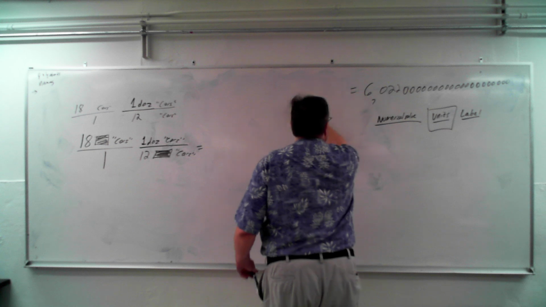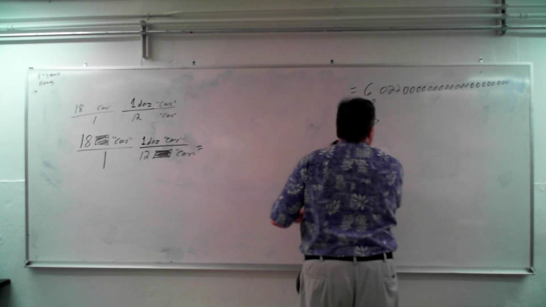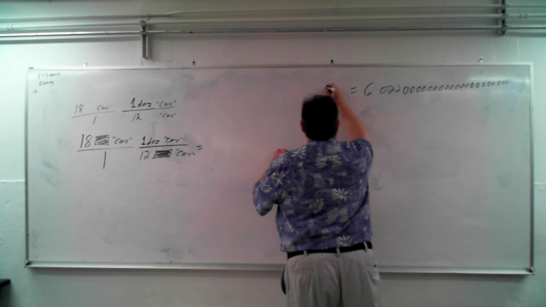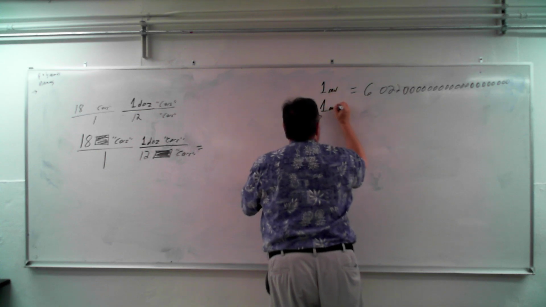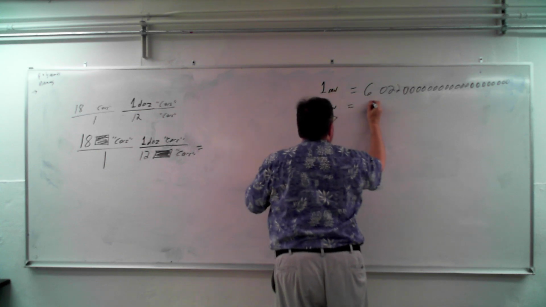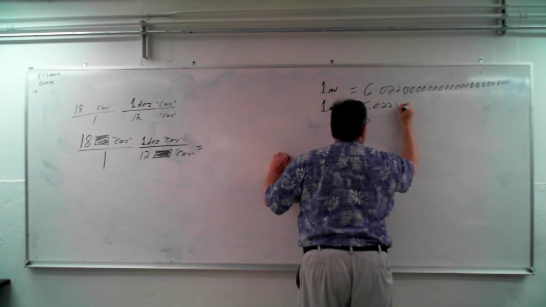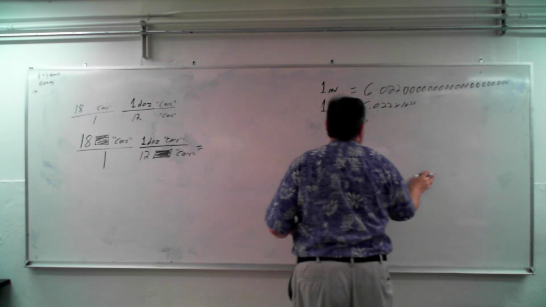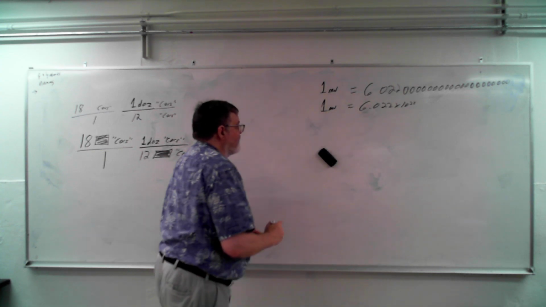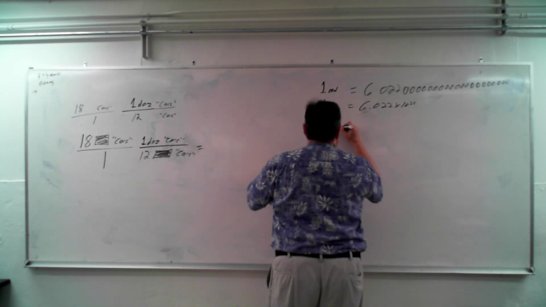Even if you counted it, I'll leave this up here. One mole equals 6.022 times 10 to 23. I hope I have the right number of zeros there, but these are equivalent to each other. What else did I have over here?